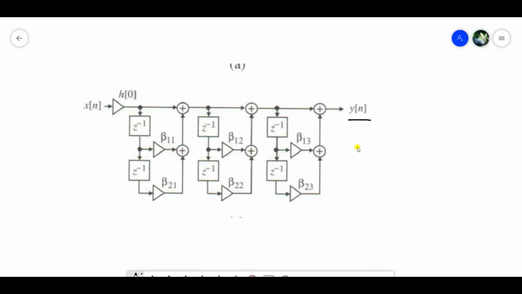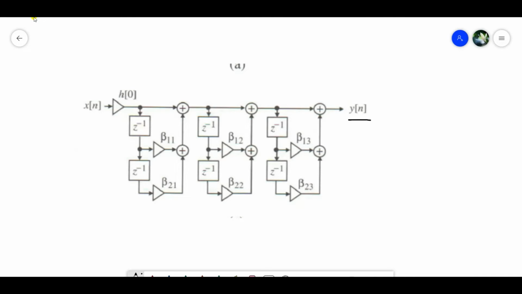So yn is the product of this signal here and this signal here. We know that it has to be in two terms, but this consists of several unknown signals also.